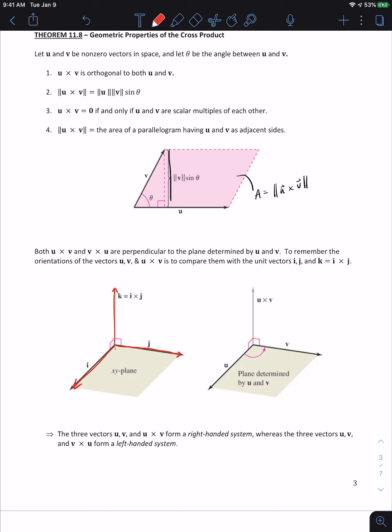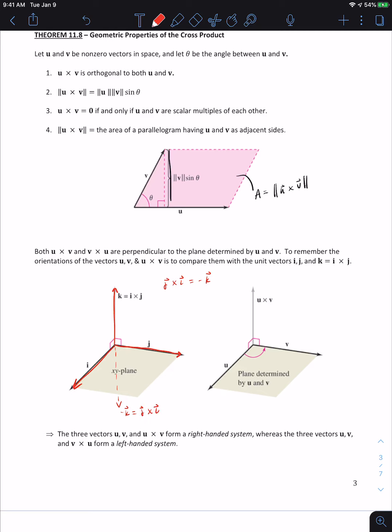And then if I did j cross i, well, that would be negative k, because remember, if you change the order, then you give it a negative sign. So in other words, if I went the other way, then I would get this guy right here. This is negative k, which is j cross i.